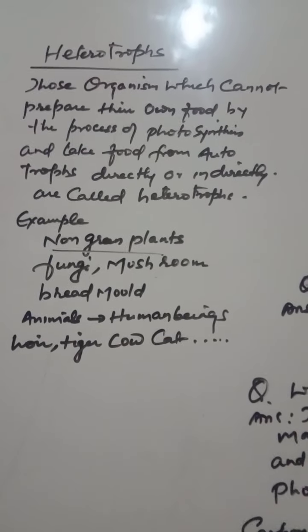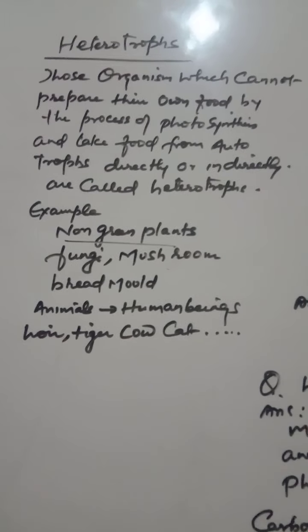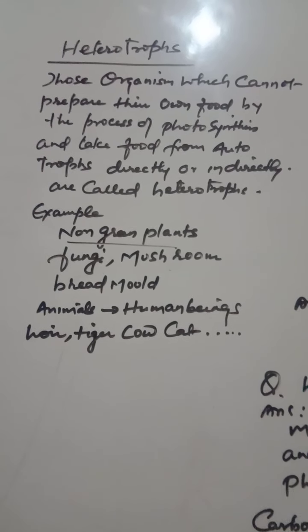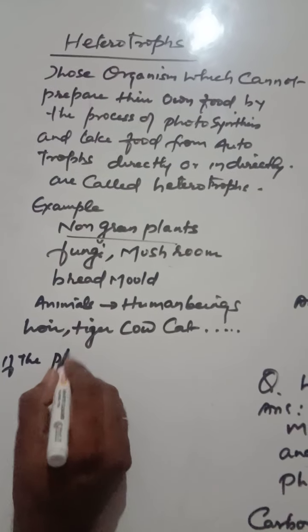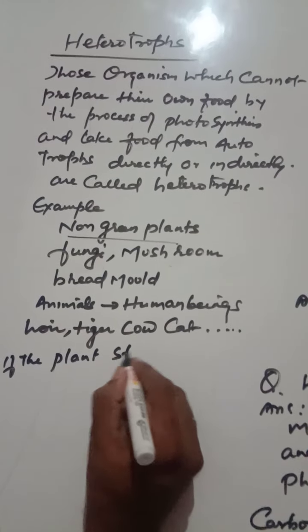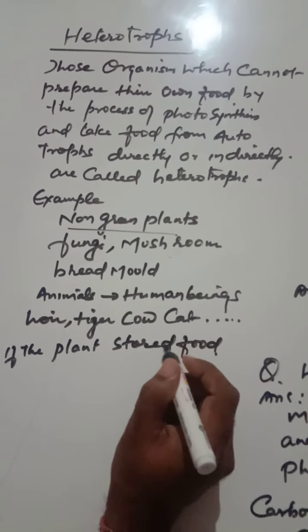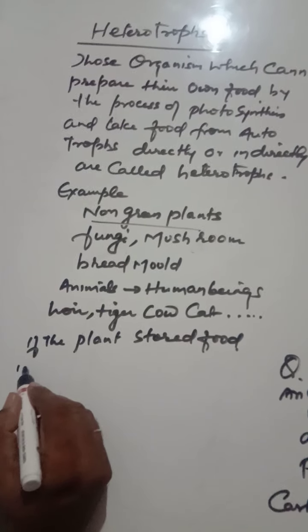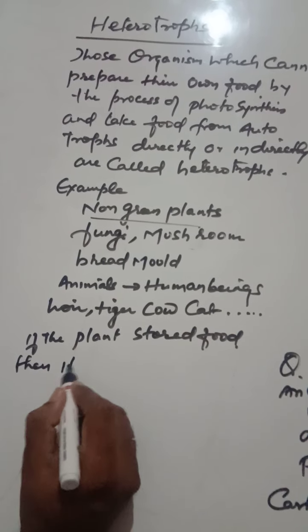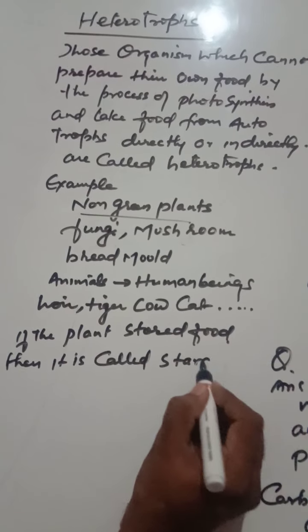So a term is there. In humans, food is stored in the form of glucose, but in plants it is stored in the form of starch. If the plant stores food, then it is called starch.